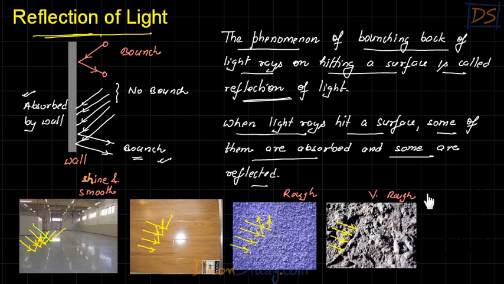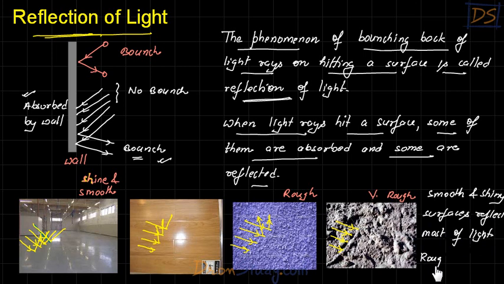So we can write here that smooth and shiny surfaces reflect most of the light.